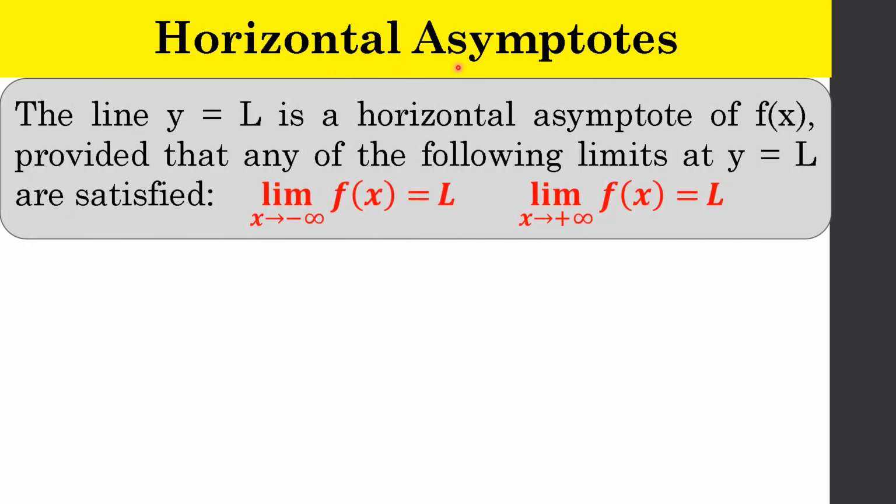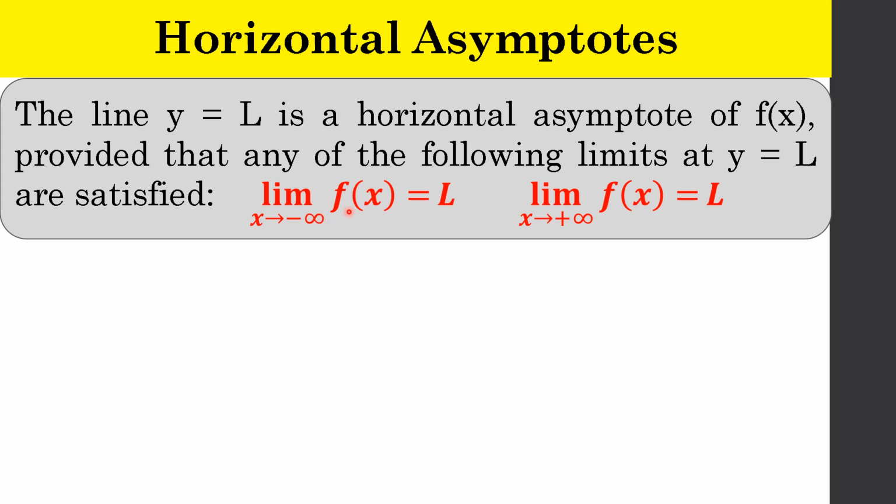And now, in limits at infinity, dito na natin makikita that there is an existence of your horizontal asymptotes. So when we talk about horizontal asymptotes, ito yung mga horizontal lines that the curve approaches as it goes to infinity. So the line y is equal to L is a horizontal asymptote of the function provided that any of the following limits at y is equal to L are satisfied.